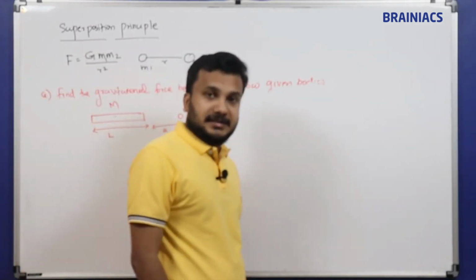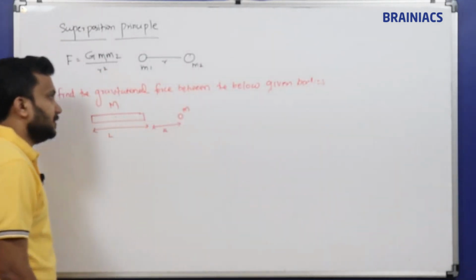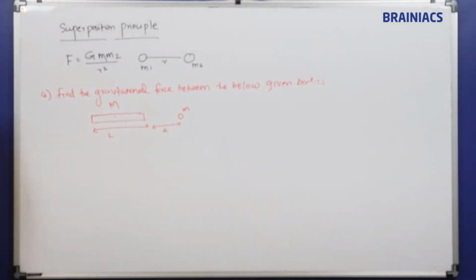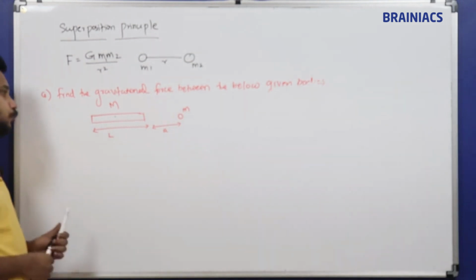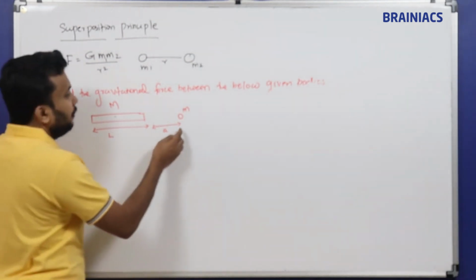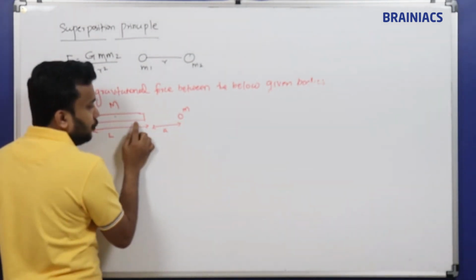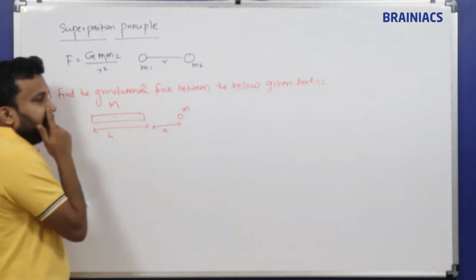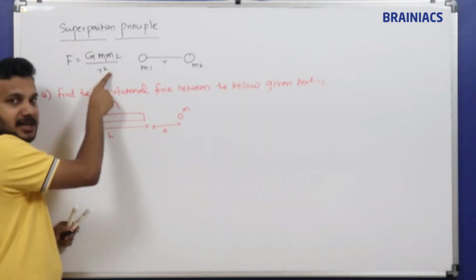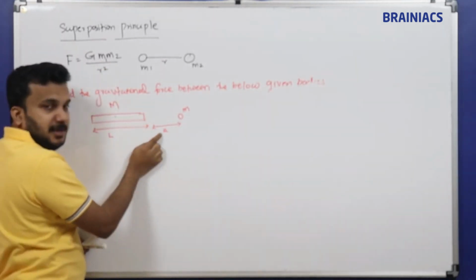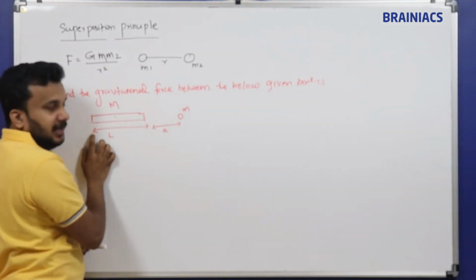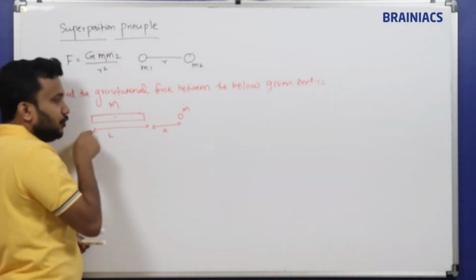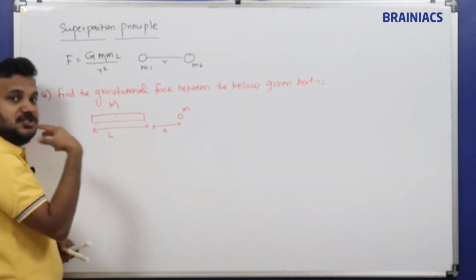So in this context, what we have to do? See, if you are moving from A to this point, one gravitational force, A plus some distance will come in the denominator. F is equal to G M1 M2 by R square. A is the minimum distance and you have to go up to L. From this end to this end, the gravitational force is changing.